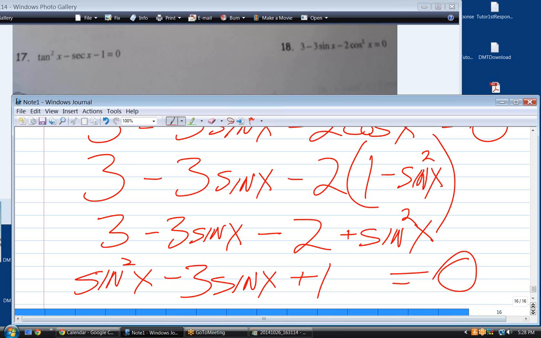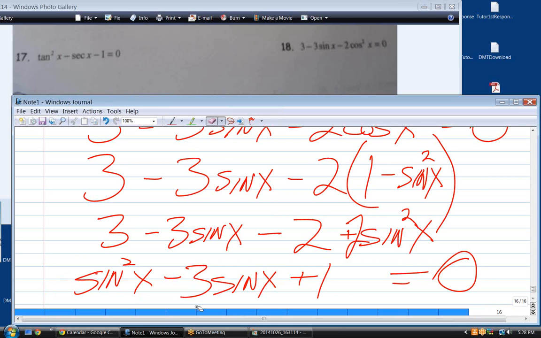Aha! Forgot the 2 right there. It's a good thing. Because what would have been the problem here? I can't factor it, right? Yeah. I would have to use the quadratic formula, and that's okay.